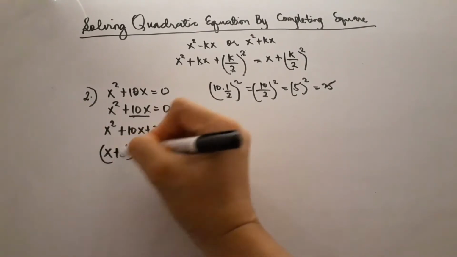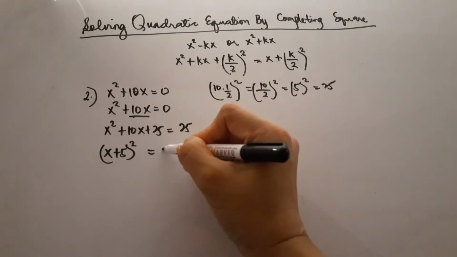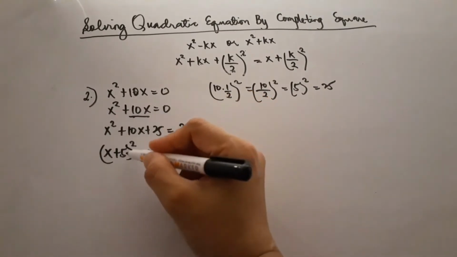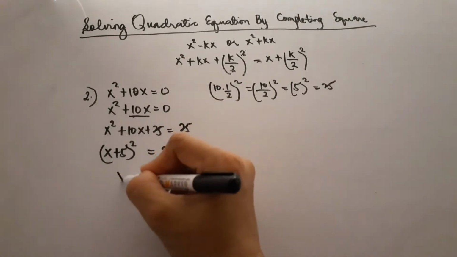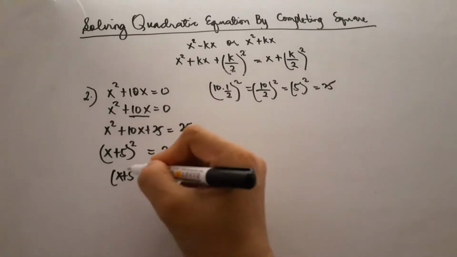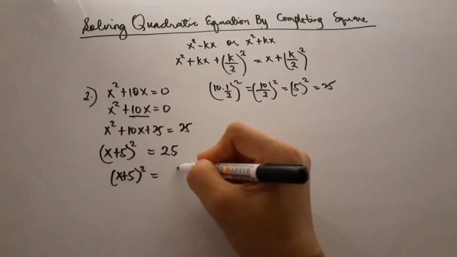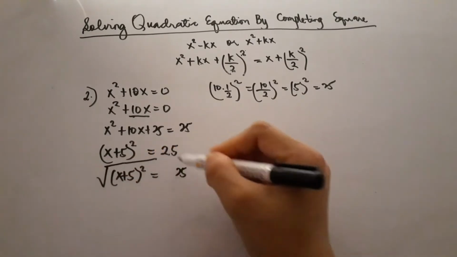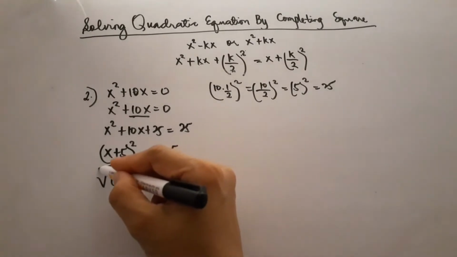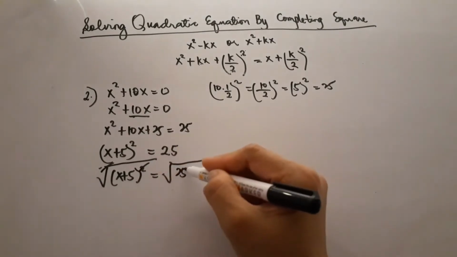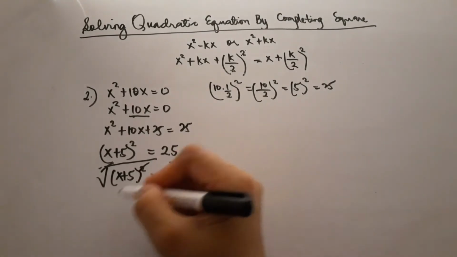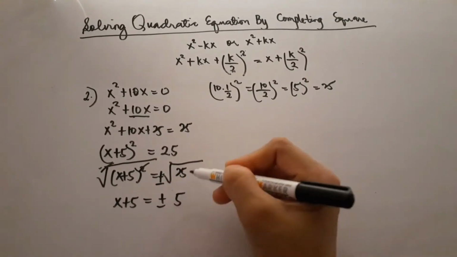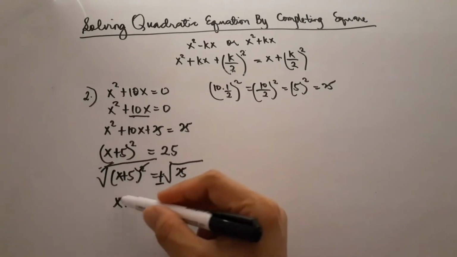We have x positive 5 squared equal to 25. And then we apply the square root theorem, so we cancel out here, and then we use plus or minus here. x plus 5 is equal to positive or negative 5, since the square root of 25 is 5.